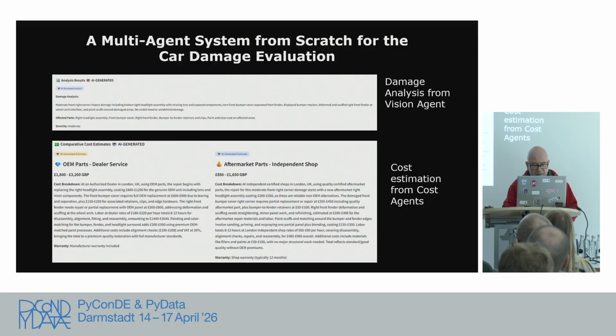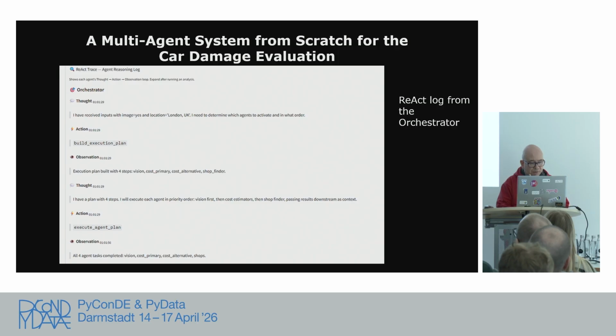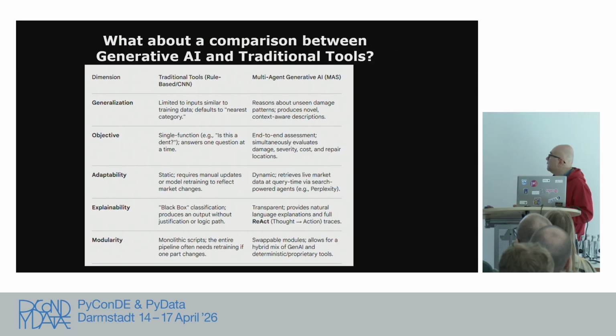So this part we have just watched was the demo. But just to make a comparison between generative AI, agentic AI, and tools using convolutional neural networks. So what happens in the transition? If you think about the convolutional network, in terms of generalization, if you want to change your task, you have to retrain your model.